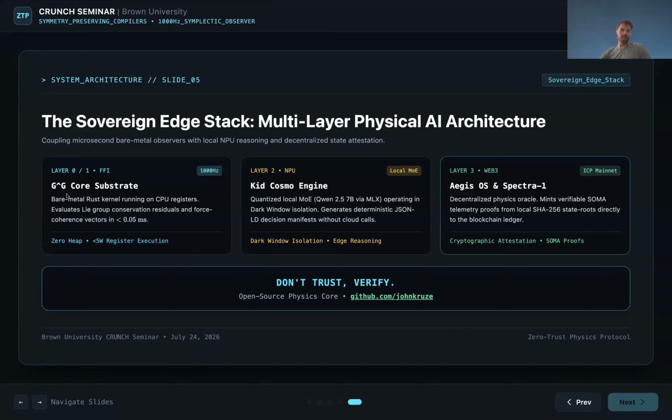So the answer to your question is the actual first part of the stack. This part, the GG core, is all that anyone would need for solving the equations that are mentioned throughout the presentation, as well as more. The difference between using a GPU and the way that I've approached it is that it's CPU based and it's computational physics. So there's no matrix multiplication in anything that I do.